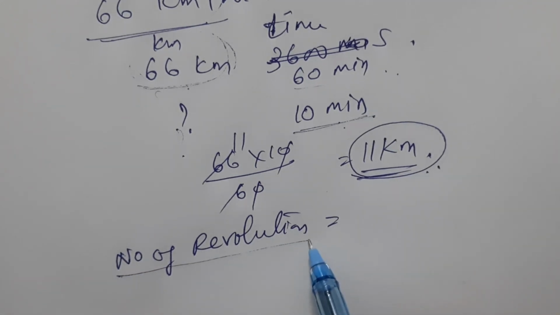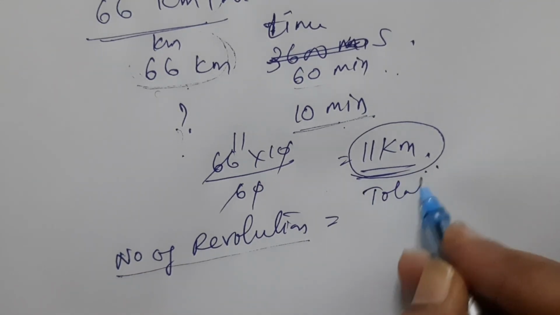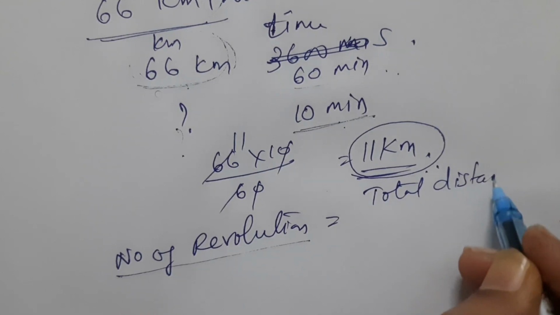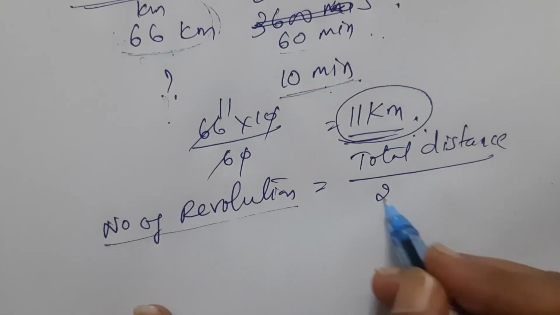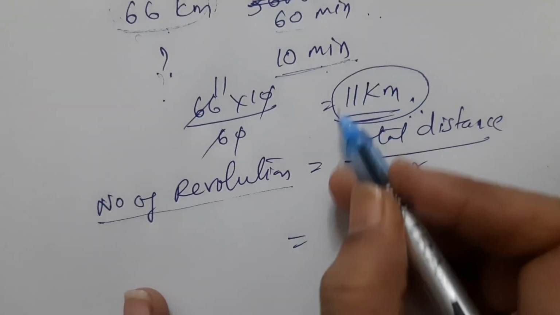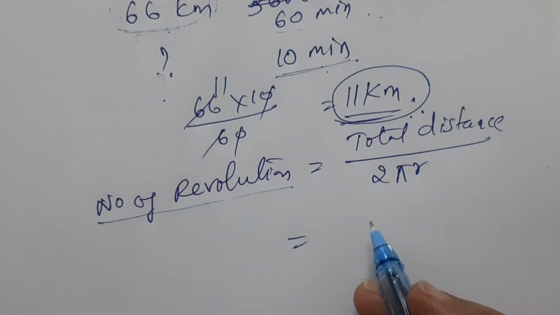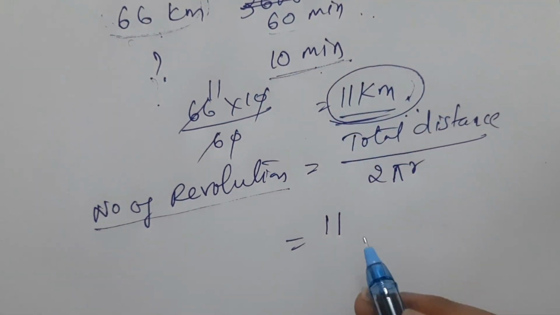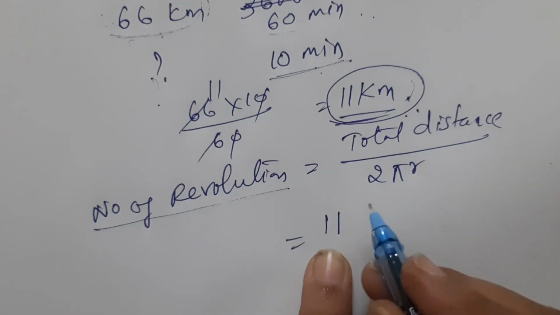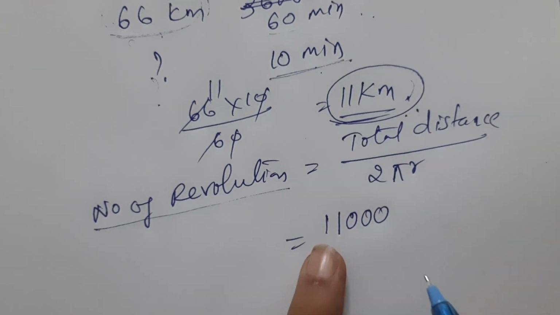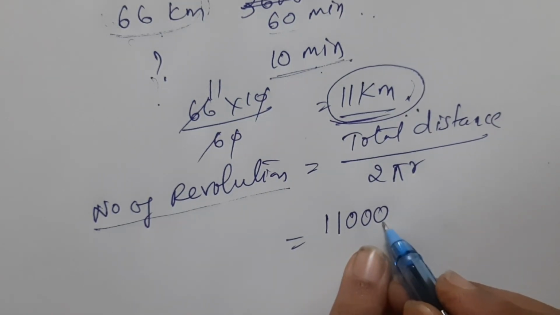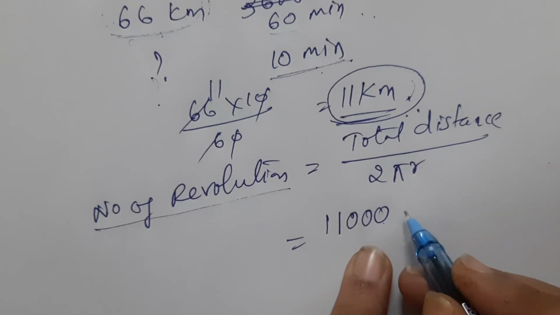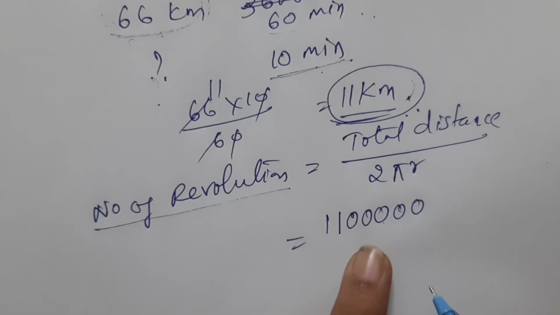Now to find out number of revolutions, total distance upon circumference. So total distance must be in centimeter, as the wheel will be in centimeter. So how to convert kilometer to centimeter? First we are converting kilometer to meter. So we need to multiply by 1000, so put 3 zeros. Again from meter to centimeter there is 100 difference, so we'll put 2 zeros.